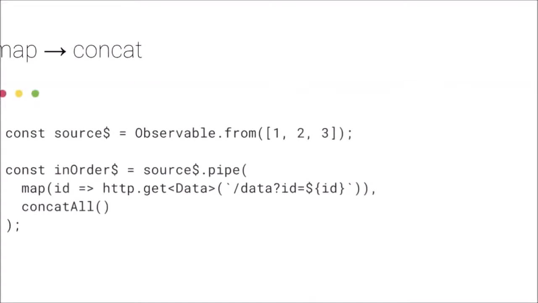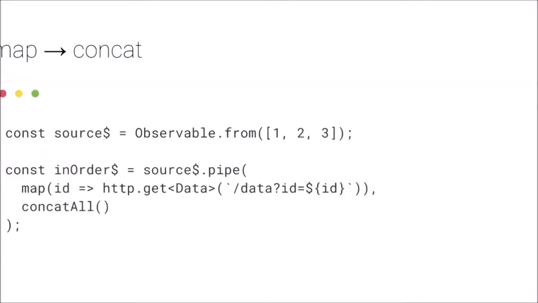So what does this look like in code? Well, starting from our source observable, we use map again, and we turn each ID into an observable that fetches the data for that ID. And then we call concat all. And that'll give us back a stream of data where each value corresponds to the data for each ID.